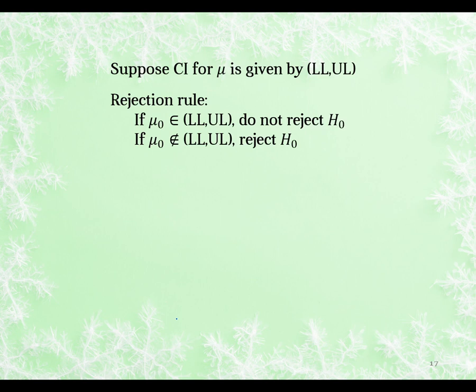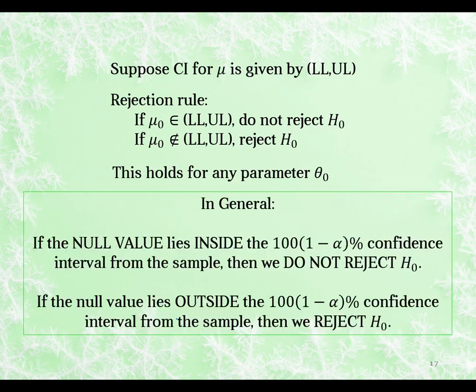So I hope that makes sense. So we're pretty sure the actual population mean is in this interval. So if that value doesn't fall in the interval, then it doesn't make sense that that could be the population mean. So this holds for other parameters as well, and we'll look at that later on again.